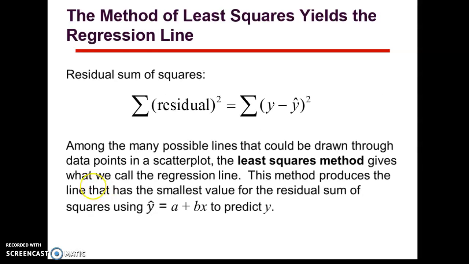So if we take all these residuals and square them and add them up, we have the residual sum of squares. Now, if we situate our line to where we minimize that sum, that's called the least squares. And that's what the computer programs will do for you.